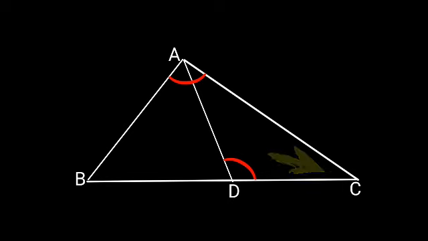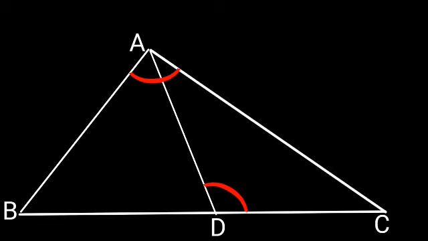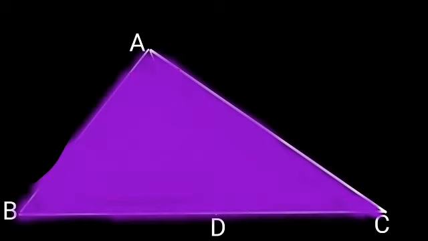Hence we can prove that in triangle ABC we have given angle BAC and angle ACB.